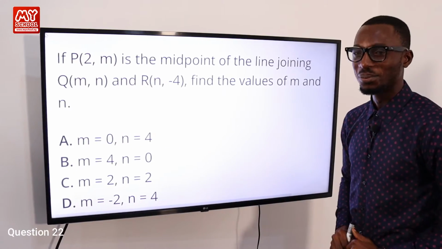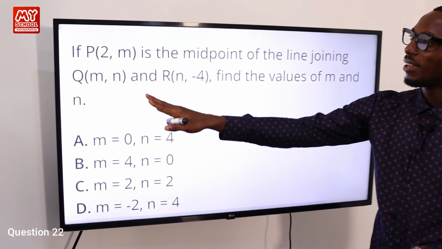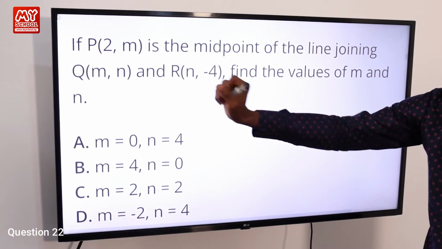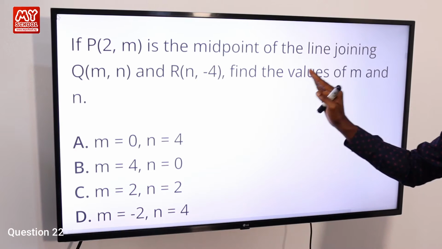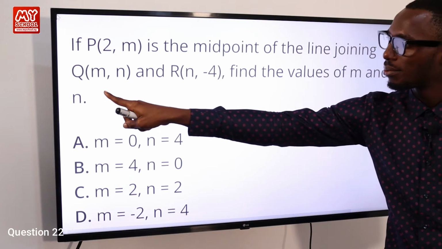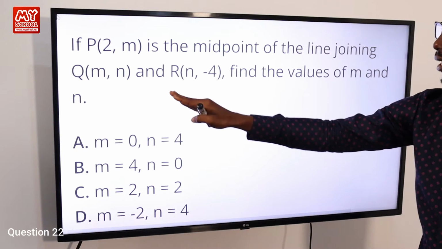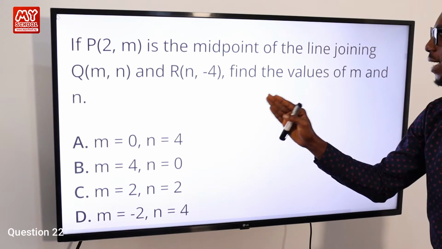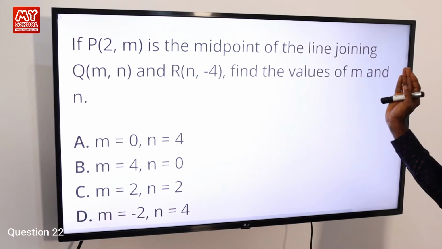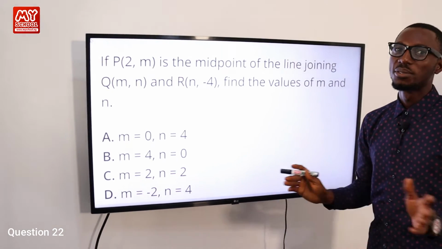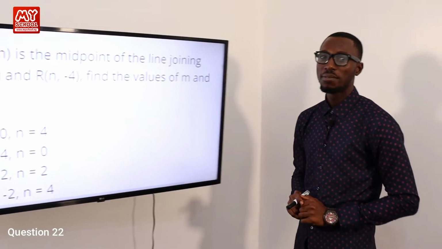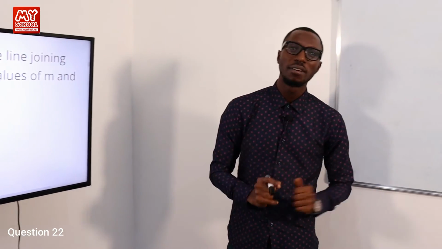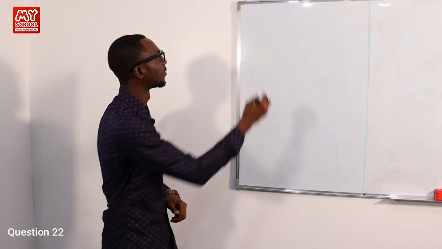Question number 22. If P (2, m) is the midpoint of the line joining point Q (m, n) and point R (n, minus 4), find the values of m and n. So all we are required to do at first is to pull out the formula for the midpoint of the line.